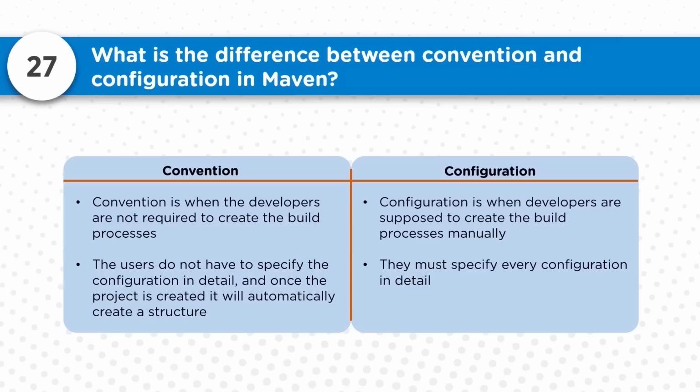In case of configuration you have to provide each and every detail, because you have to put every detail into the .xml file, and that's how configurations work. So this is the huge difference between conventions and configurations here.